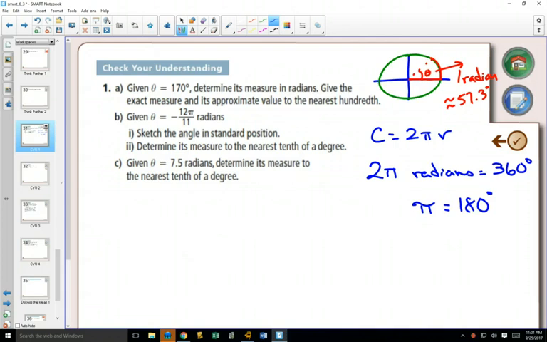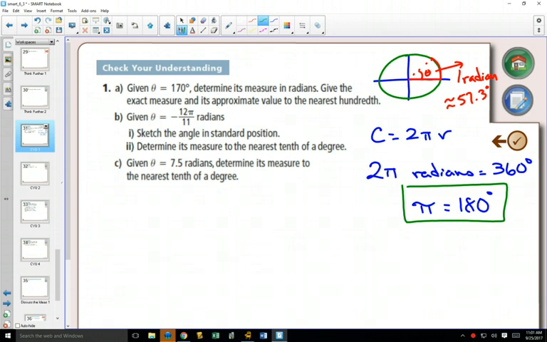Now, this statement that I just put here can be a little bit confusing because pi itself is not equal to 180. You know that pi is 3.14. But pi radians is equal to 180 degrees. Unfortunately, there's no symbol for radians.